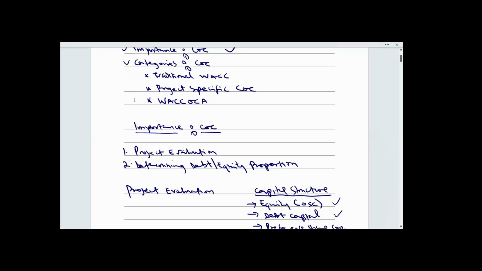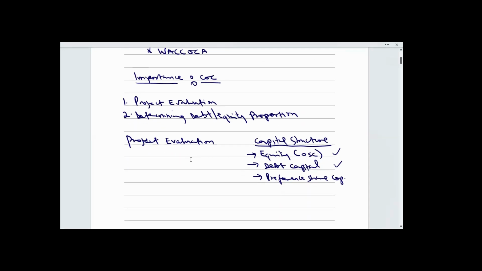Okay. If there is none, yes, sir. Sorry, please, yes, talk to me. The last statement you made about cost of capital, you said it is used to determine. Please, I did not get that. Is it for the debt equity proportion?